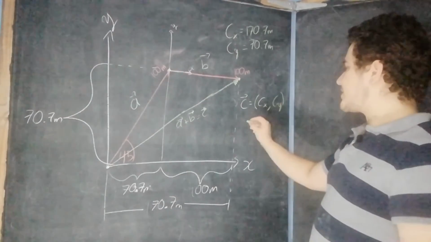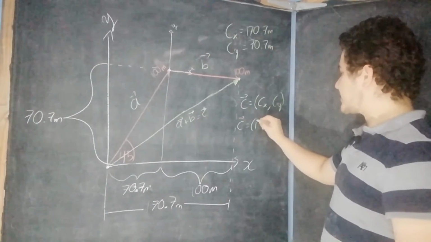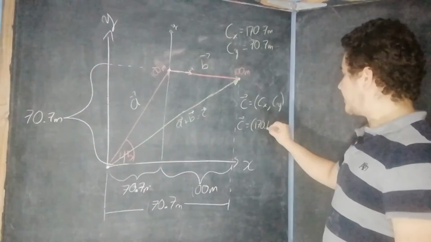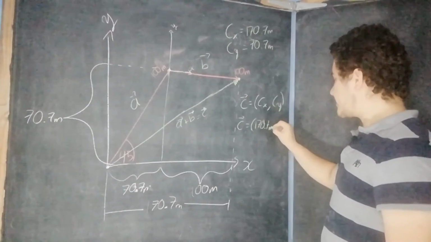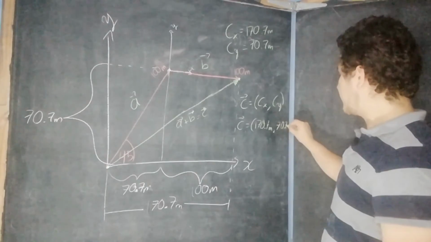So in this case, C equals 170.7 meters, comma, 70.7 meters.